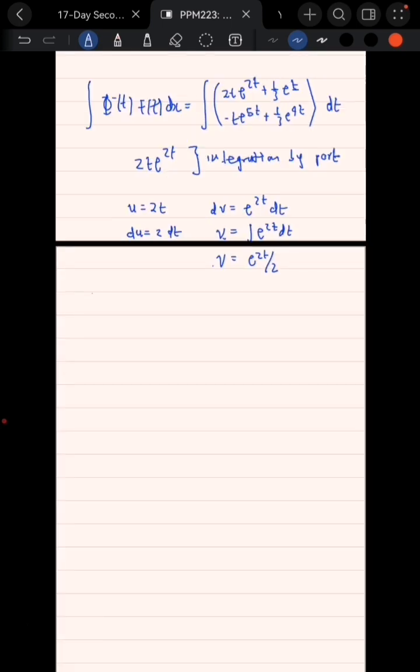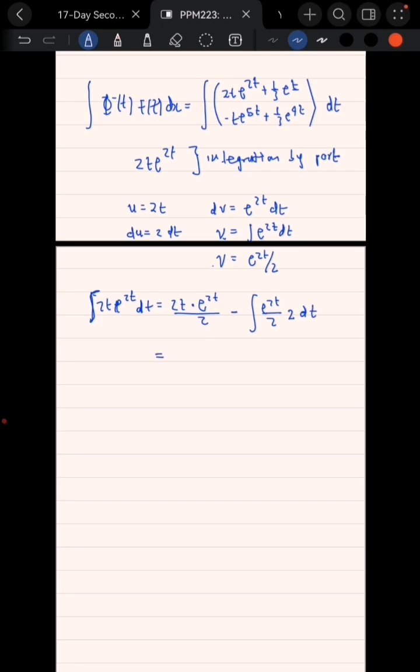Then the integration of 2t e to the power 2t dt is equal to u multiplied by v, which is 2t e to the power 2t over 2, minus the integration of v, e to the power 2t over 2, multiplied by du, which is 2 dt.